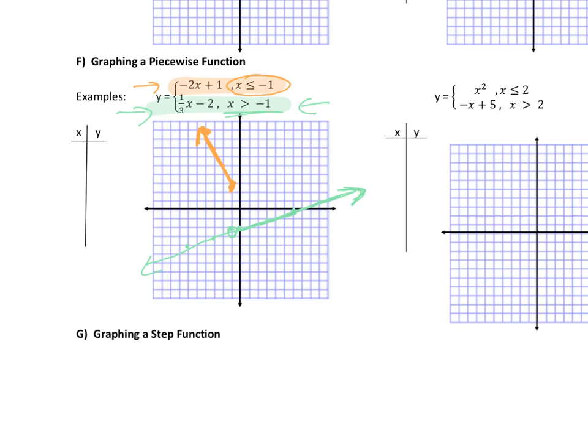So what that means is that we need to erase this all the way up to there. And because this is a greater than sign, we know that this needs to be an open circle.